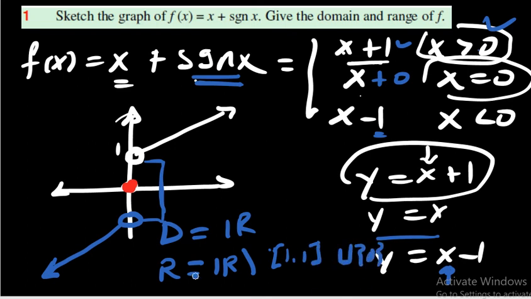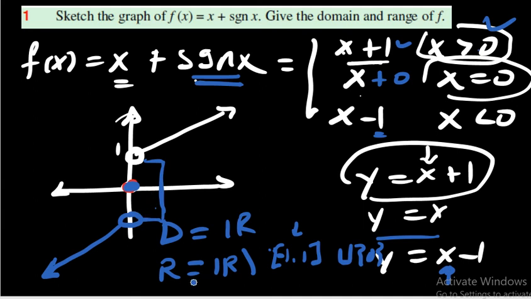The 0 is part of the range because, as you see, it is closed already. So it is all real numbers, but without the interval from negative 1 to 1, and union again the 0, because between negative 1 and 1 there is the number 0. That 0 is part of our graph. The 0, as you see, is closed here. But the other values from negative 1 to 1 are not part of our graph.